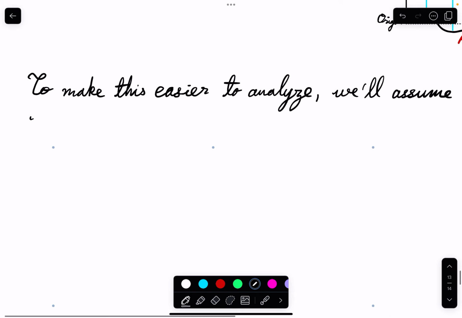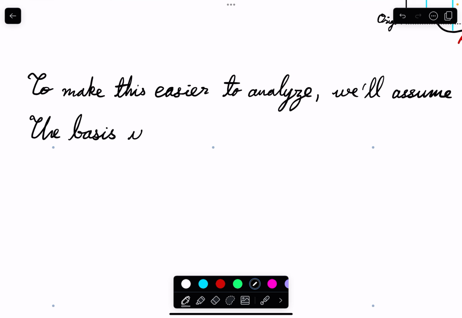The basis of the space is E1 and E2, which are perpendicular directions.